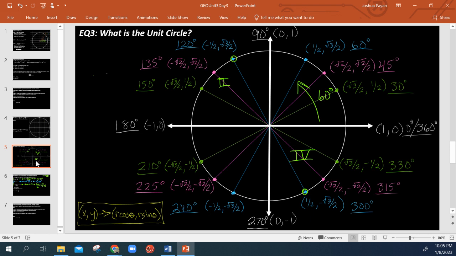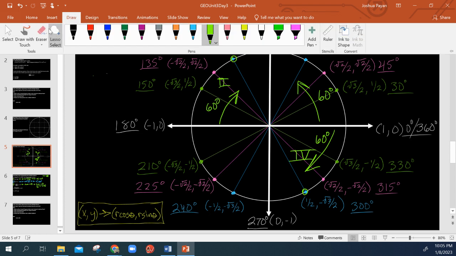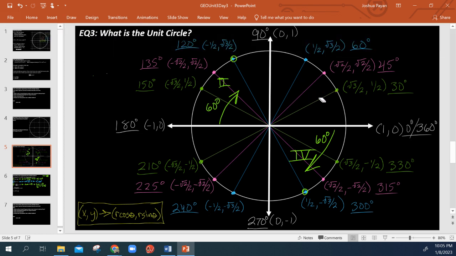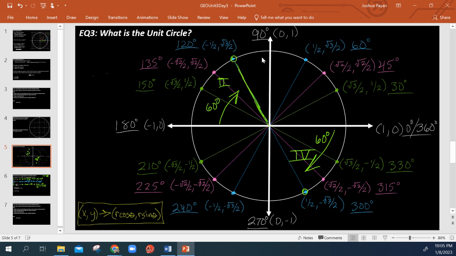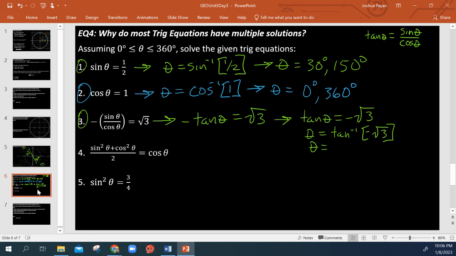Well, here and here, I have a reference angle of 60 degrees, right? Here, I have that same reference angle that I need of 60 degrees. And let's talk about what I mean by slope. Well, if we follow this line here, we see that we have a negative slope. Okay? So that undoubtedly means our two solutions are 120 degrees and 300 degrees.